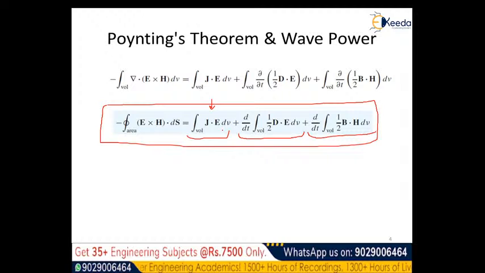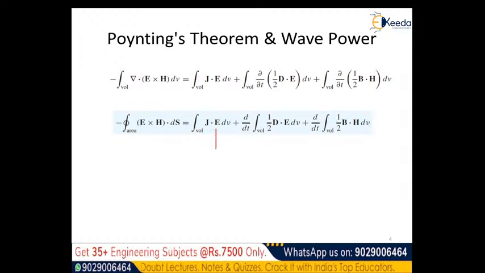So this is representing the total instantaneous ohmic power dissipated within the volume. I am saying this because E is the electric field intensity.